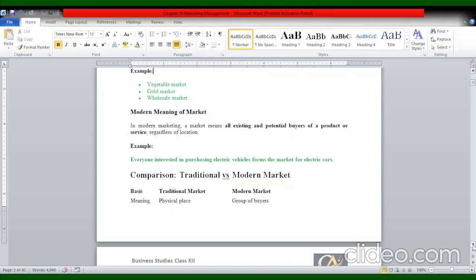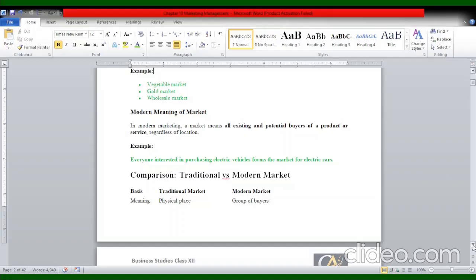You can buy different products and services, online and offline, that will help you reach a particular location and you can get the product on time. For example, everyone interested in purchasing an electric vehicle forms the market for electric cars. Right? So this is a modern market.